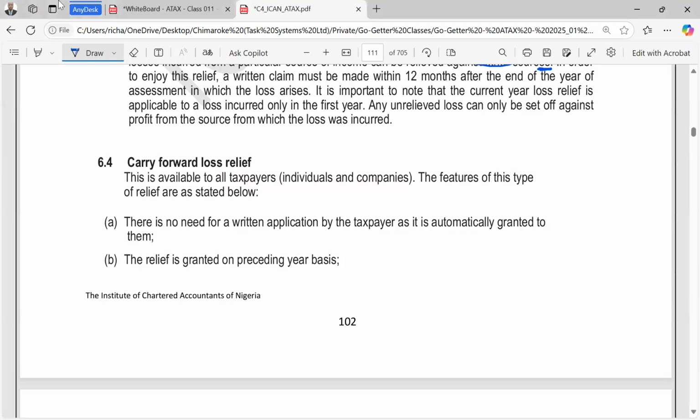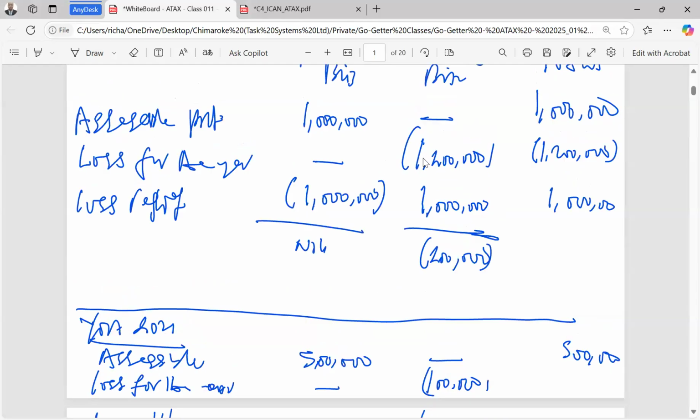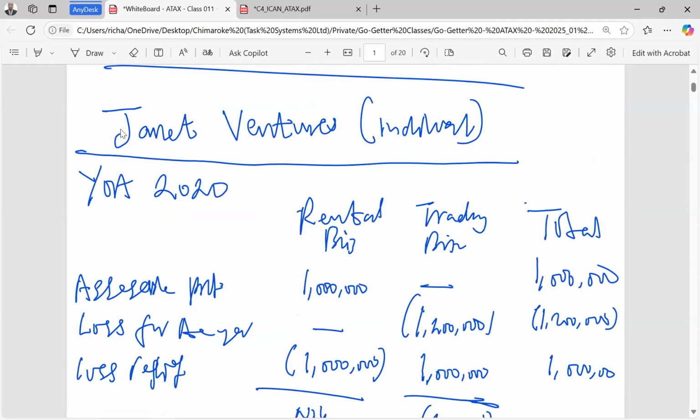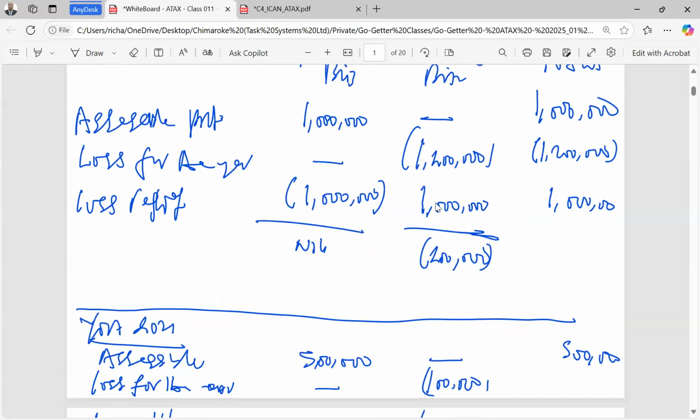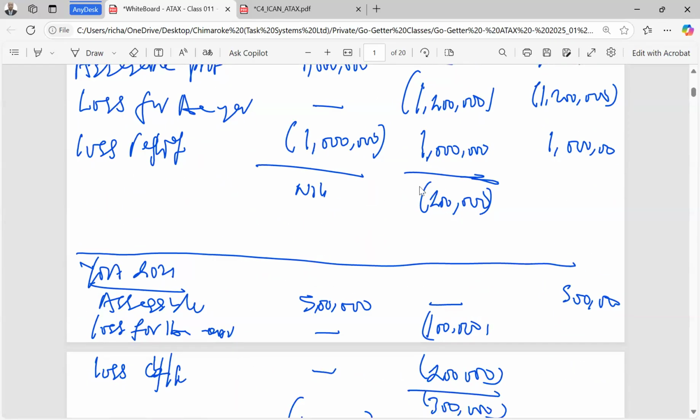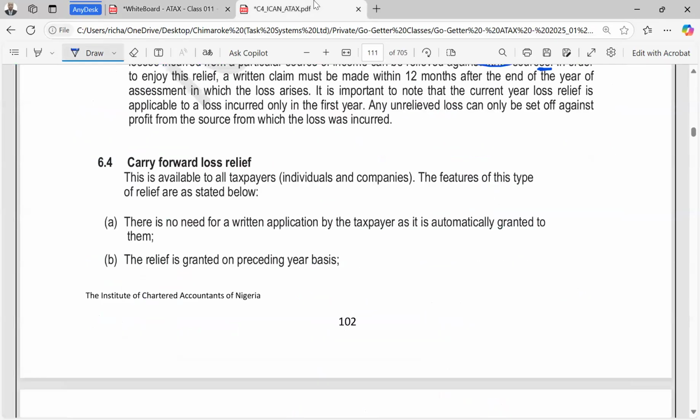We said this 200 became a carry forward loss that was brought to the next year. Whom are we treating? We are treating Janet Venture, who is an individual. Because this one was called carry forward loss, it means carry forward loss also affects individuals. We also said before that for companies, it must only be carry forward loss.